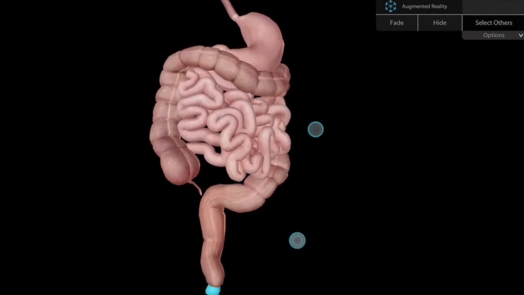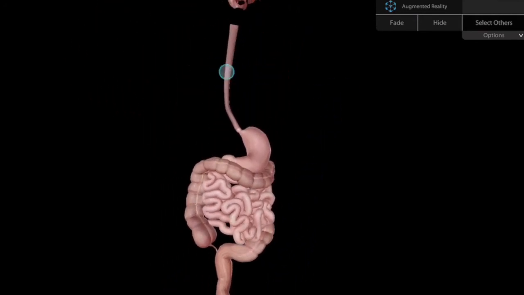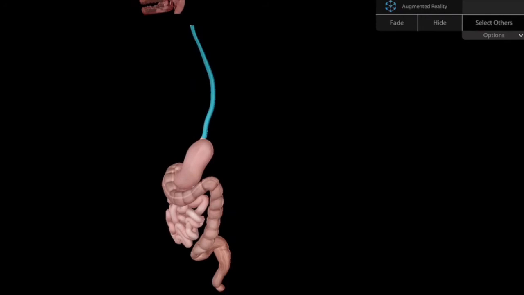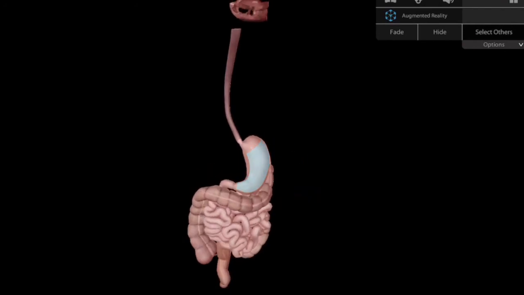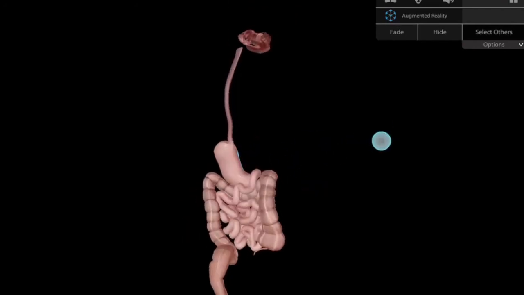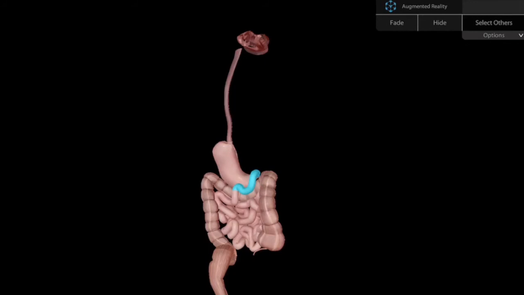So you see on here, we started with the movement of the food from the oral cavity to the pharynx, and then from the pharynx to the esophagus, and then from the esophagus to the stomach. We mentioned the different parts of the stomach on here, the C-shaped structure of the small intestine, the proximal part of the small intestine.